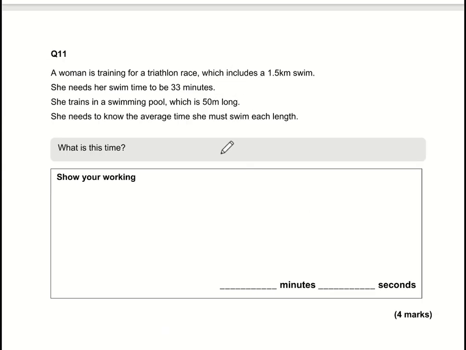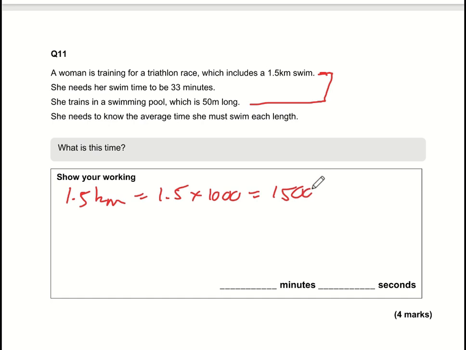Okay, so question number 11. So a woman is training for a triathlon race, which includes a 1.5 kilometre swim, and we'll skip the next line, but we'll have a look at the one after that. The third line, she's training in a pool which is 50 metres long. So 1.5 kilometres is 1.5 multiplied by 1,000, which is 1,500 metres. So how many lengths of a 50 metre pool is it?